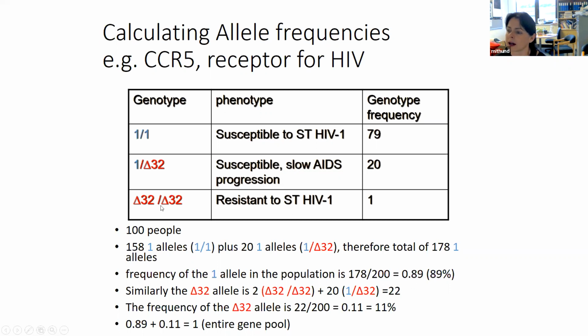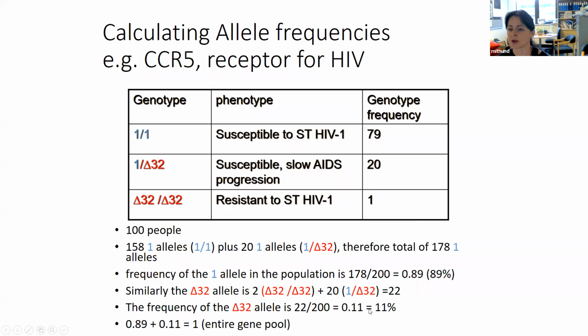Then for the delta 32 allele, we count 2 coming from the 1 individual who has 2 delta 32 alleles, and then 20 alleles from the heterozygotes, who have half their alleles as delta 32. So we now have 22 delta 32 alleles out of the potential 200, which is 0.11.